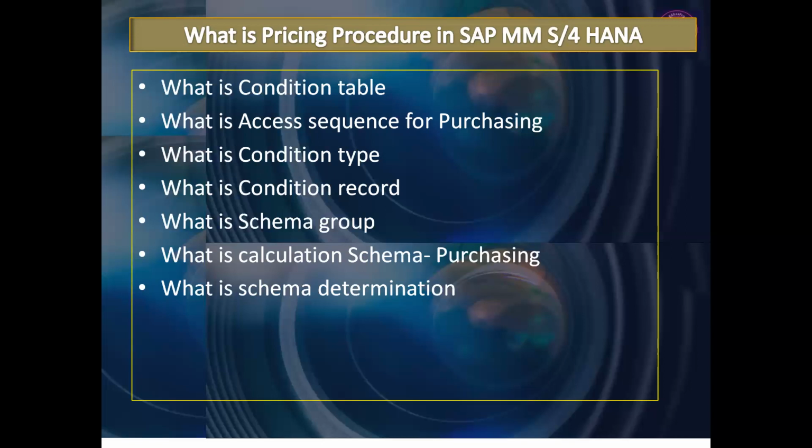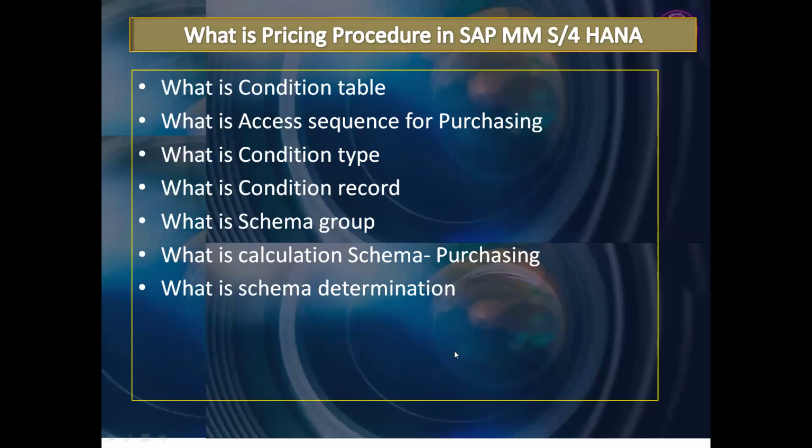Here we maintain all these, and the calculation also will happen according to this. We will group all these condition types, and finally it will be replicated to our pricing procedure. We'll see all these outputs in the pricing procedure and the configuration as well.